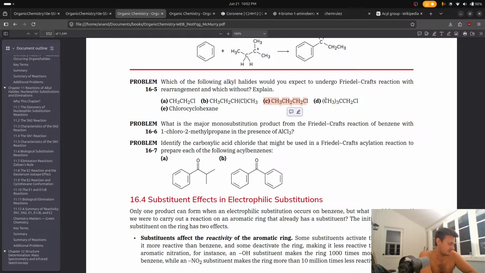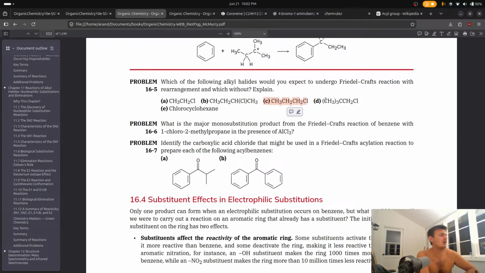Well, I would say no, but does this one even do anything? I don't know about that one. Cyclohexane threw me for a loop a little bit.